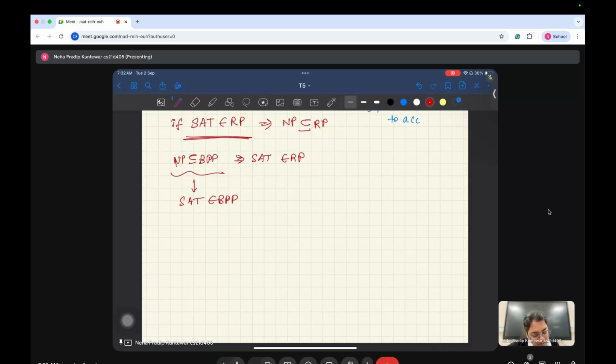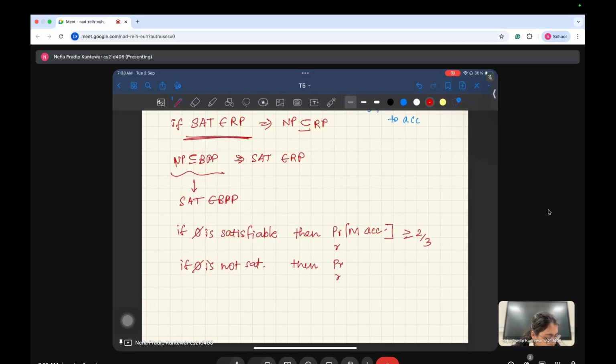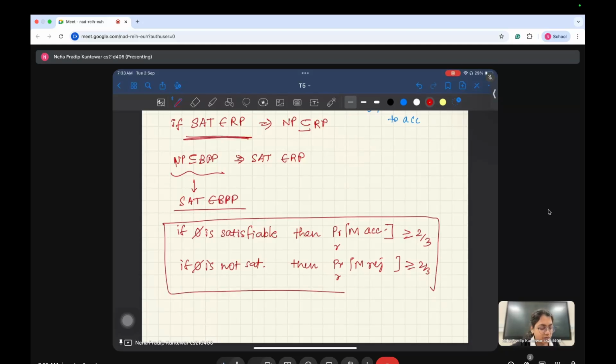Then what it means is that if phi is satisfiable, then this probabilistic polynomial time machine M is going to accept with 2/3 probability, and if phi is not satisfiable, then the probability that M rejects is going to be at least 2/3. Okay, so this is what it means to say that SAT has a BPP algorithm.